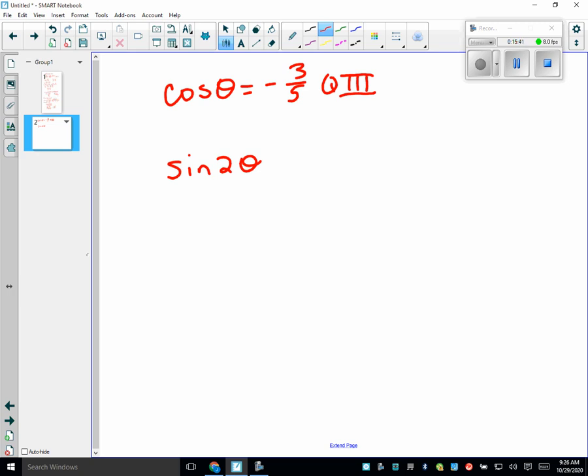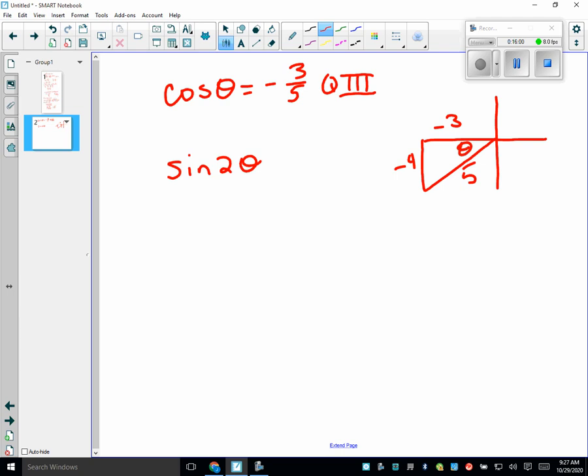Can I draw my triangle? Yes. This is theta. This is negative 3. This is 5. What is this?